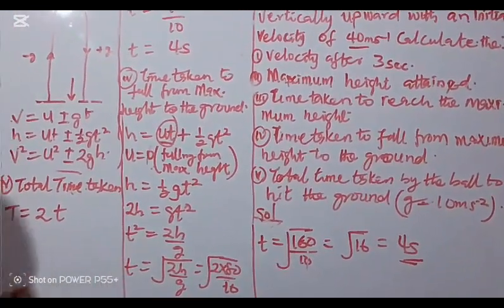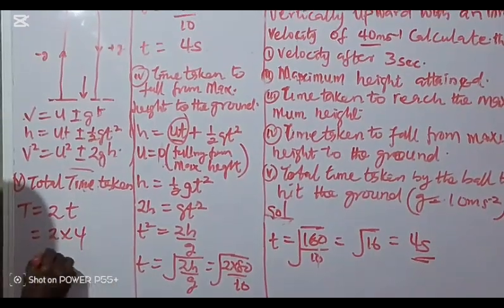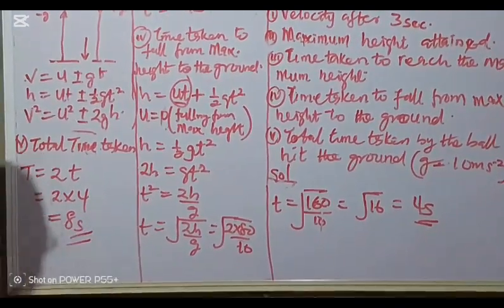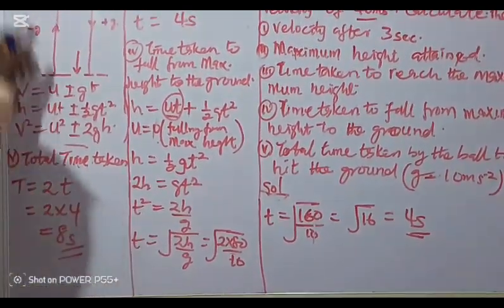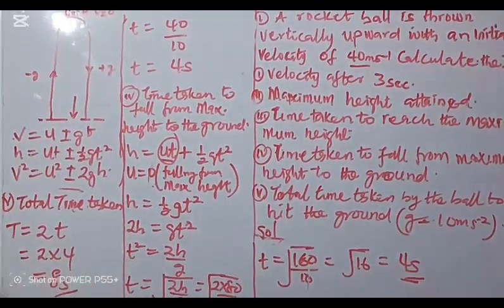And what is our t? Our time is 4 seconds. That will be 2 multiplied by 4. Then it will take 8 seconds to start from here and come back to the same horizontal level. That's all for that question.